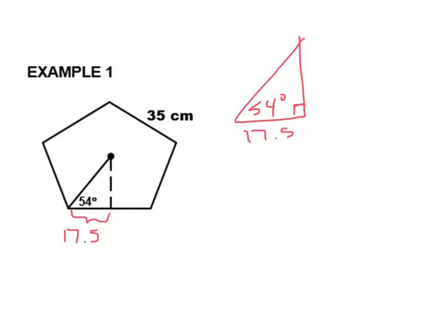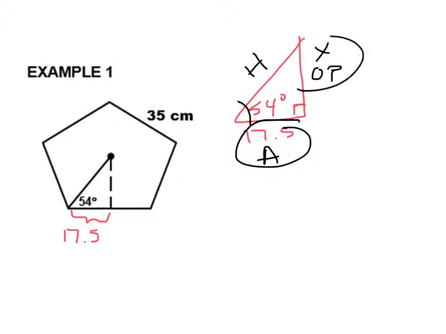We need to label our triangle so that we know we have the hypotenuse. That's the angle we're working with. This is the opposite, which is what we're looking for, and then this is our adjacent. So if you remember from last week or 2 weeks ago, we're working with the adjacent and the apothem, so that means we're going to be working with tangent. We're looking for the apothem.